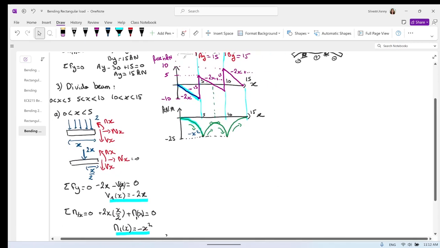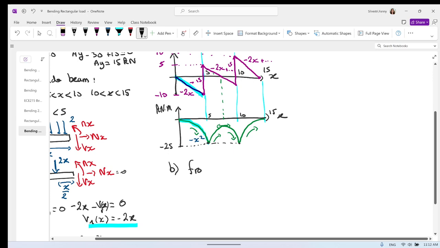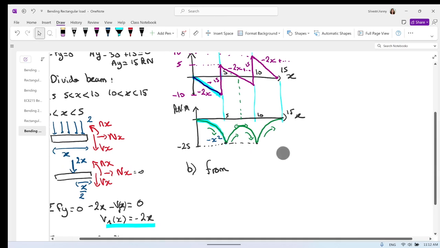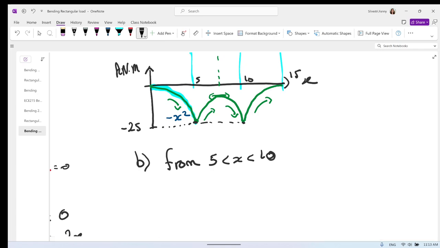Let's do now from 5 to 10. It's a bit more difficult, okay? So we will do step B, we'll make it bigger so we can see, from 5 to 10, okay? And even if we are from 5 to 10, we draw all the beam from 0 to somewhere in between 5 and 10.